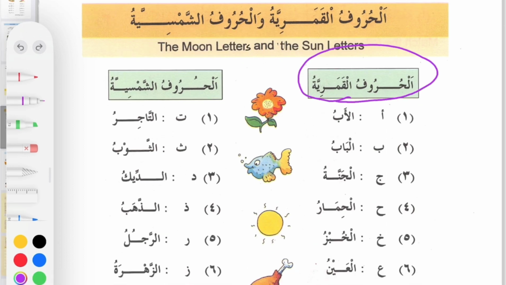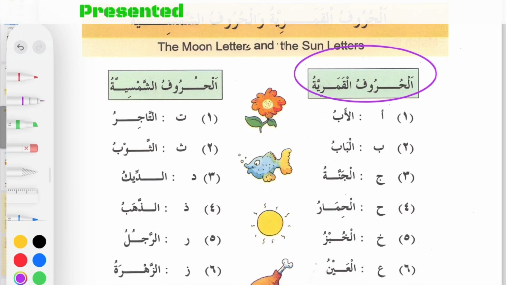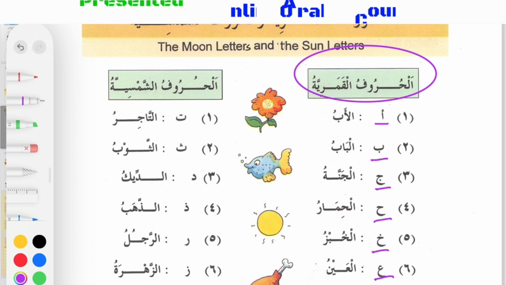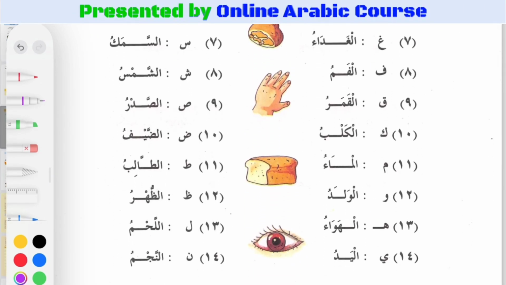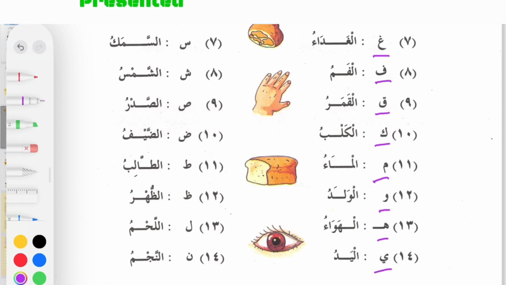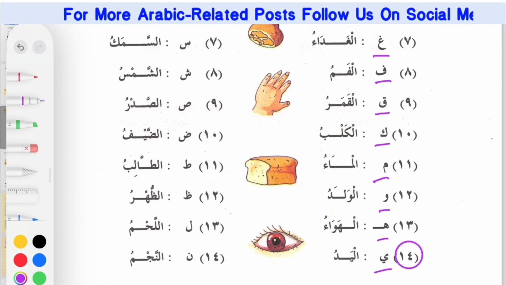And now look at the screen carefully. These are huruf al-qamariya, the moon letters. The moon letters are alif, ba, jim, ha, kha, ain, ghain, fa, qaf, kaf, mim, waw, ha, and ya. So these are a total of 14 letters.